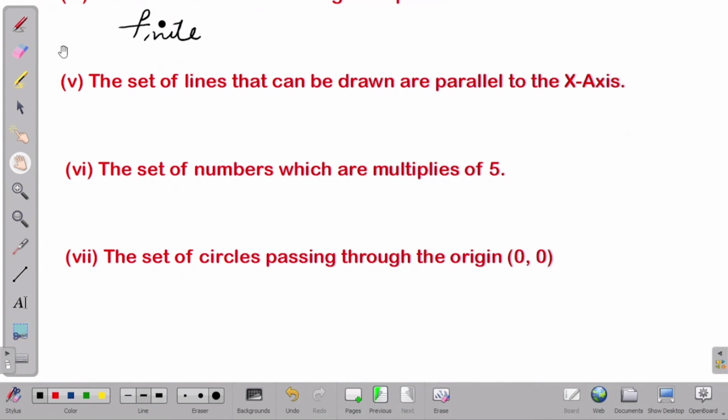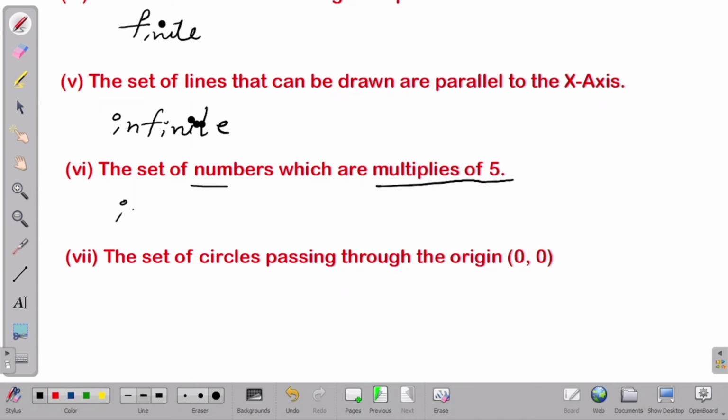What is the next one? Set of lines that can be drawn parallel to the x-axis. Can we say how many lines we can draw parallel to the x-axis? No, right? So this is infinite. Next, set of numbers which are multiples of 5.